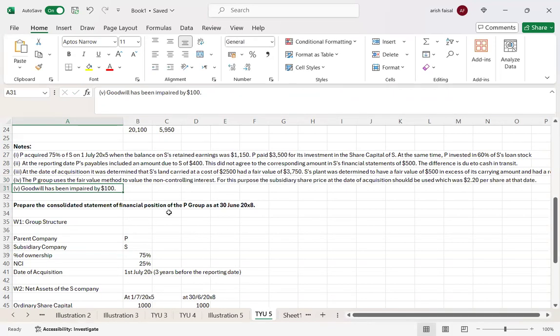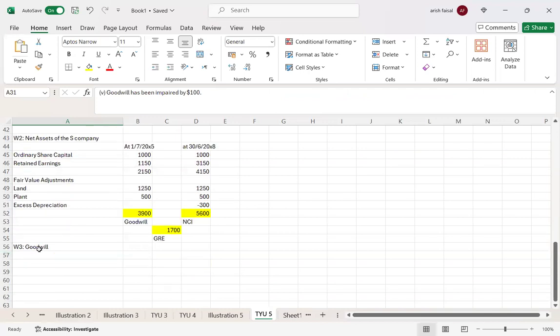Yeah. Right. So in this case, again, we have to calculate the goodwill based on the full value method. Okay. So if you are doing it on the full value method, then it means that you have to do the goodwill for the controlling interest as well as for the non-controlling interest.